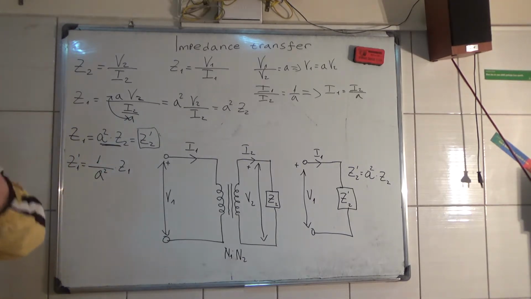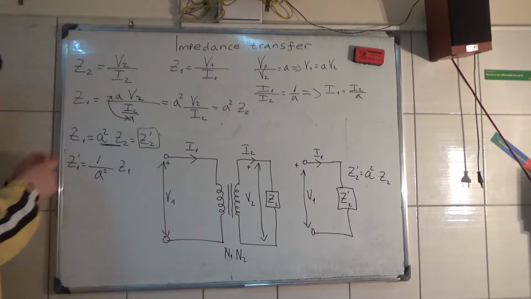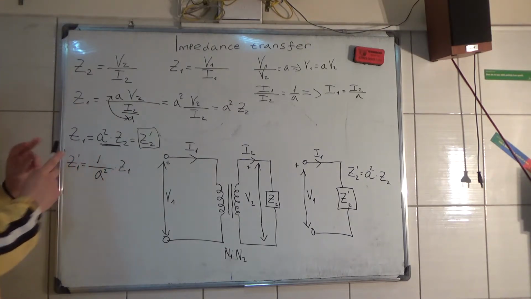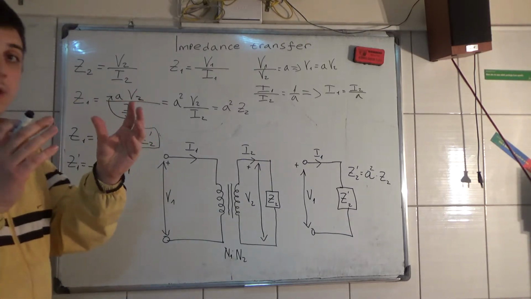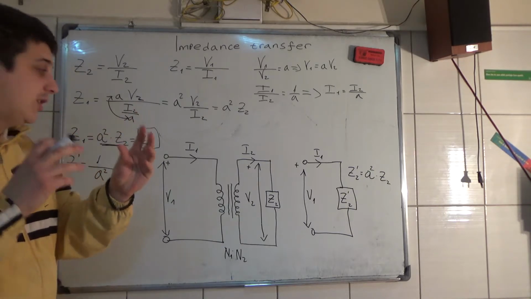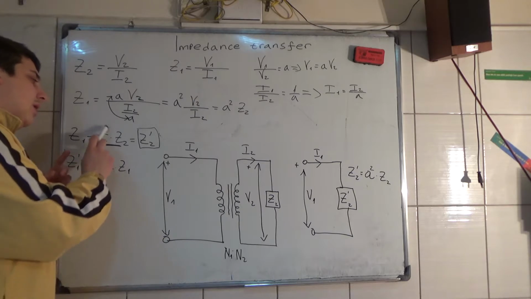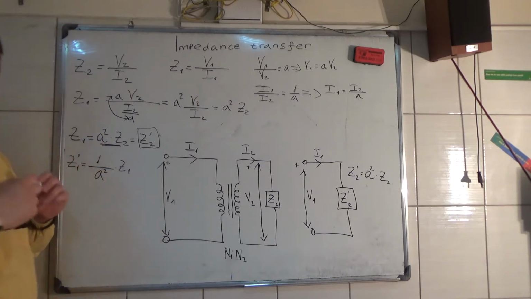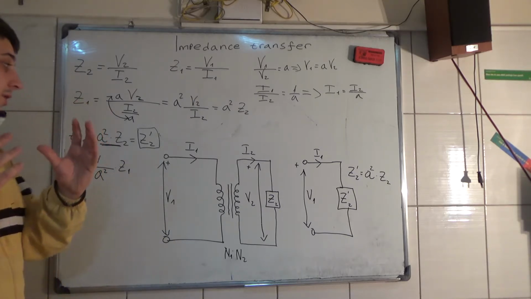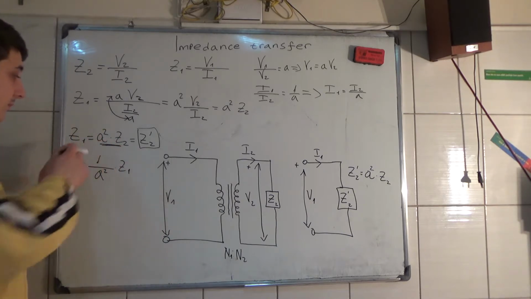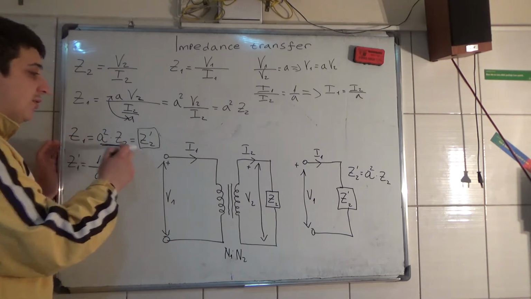Now, why do we do that? Z1 and Z2 have a connection, a relationship which is equal to this A squared. So this is the relationship between Z1 and Z2 prime.